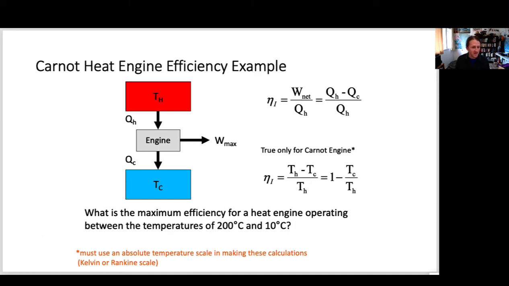So let's consider that coal-fired power plant. Some temperatures that might be at play might be 200 degrees Celsius, roughly boiling water, and 10 degrees Celsius, something like the atmospheric environment. We want to know what's the maximum efficiency here.